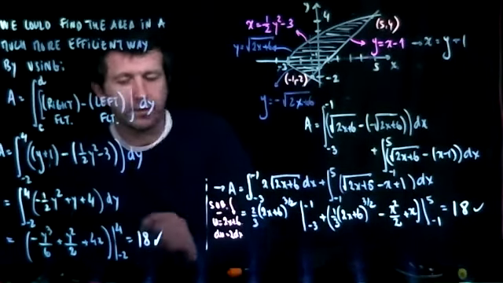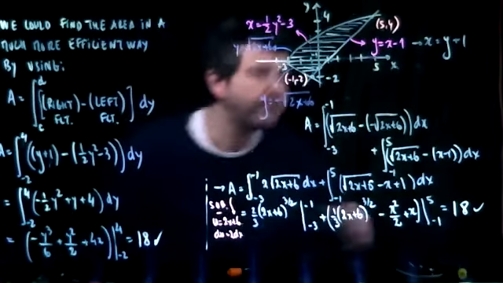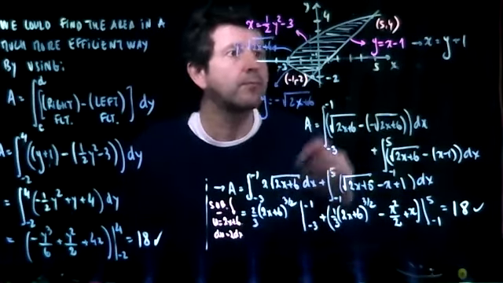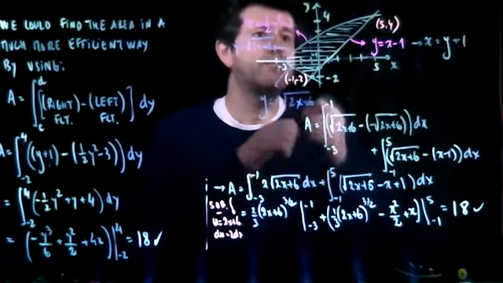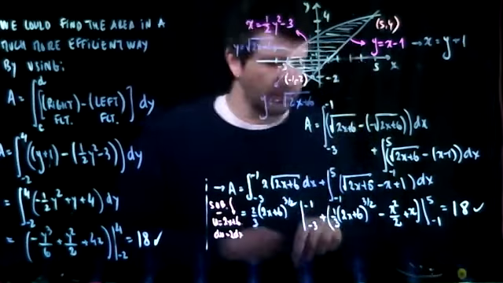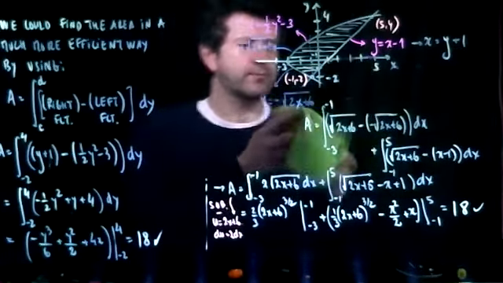Sir, please could you explain how we could recognize the right and the left function again? Sure. If you're at any point in the region, I'm just going to erase a bit here, it's too busy inside.